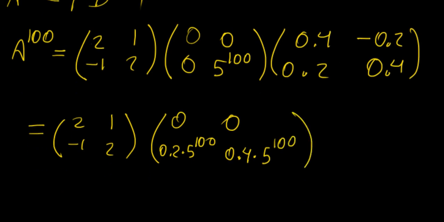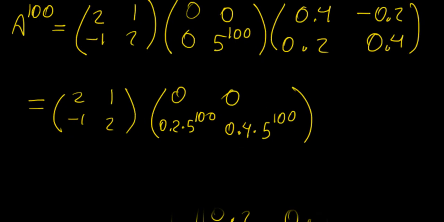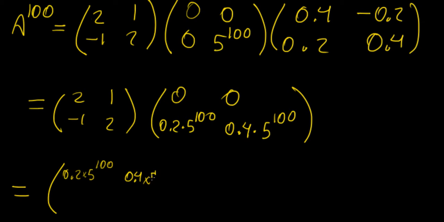And hopefully from this you can see that you get the following matrix: 0.2 times 5 to the 100, 0.4 times 5 to the 100, then the same here.